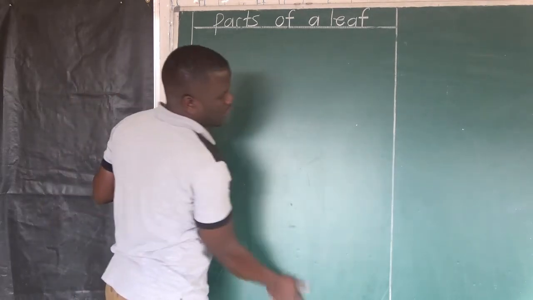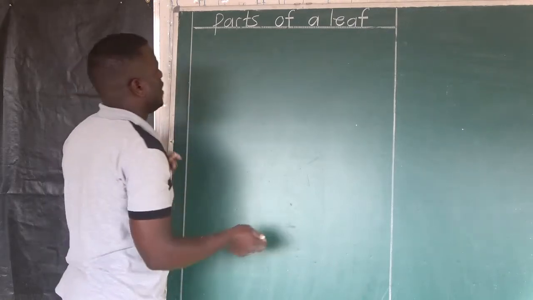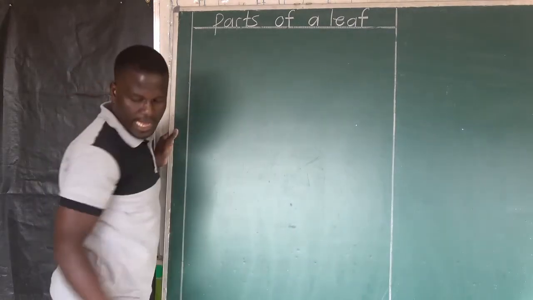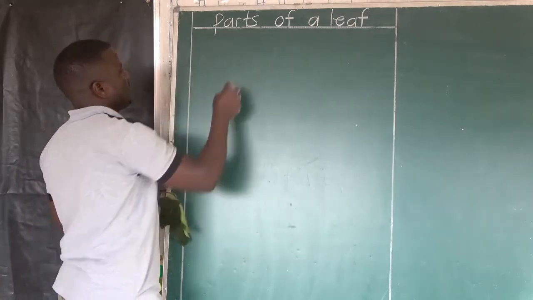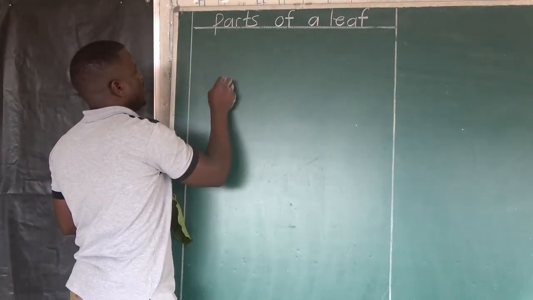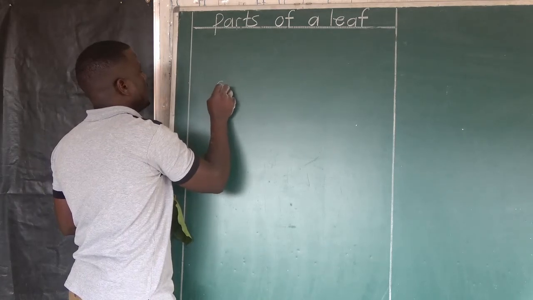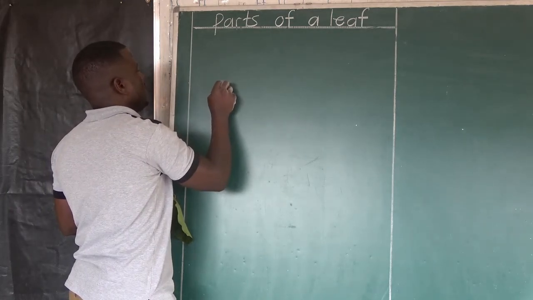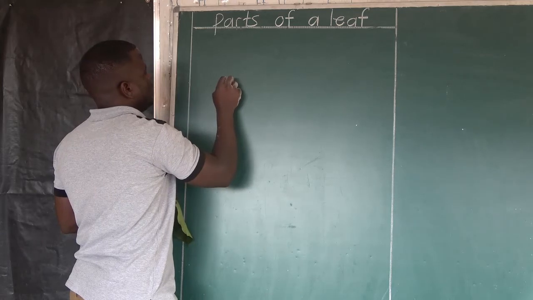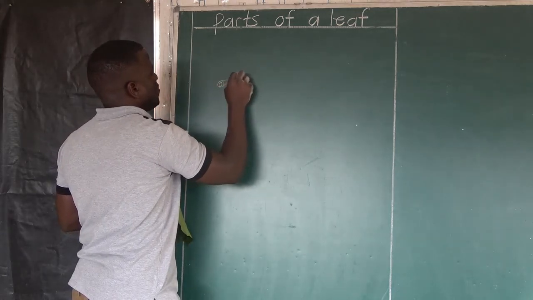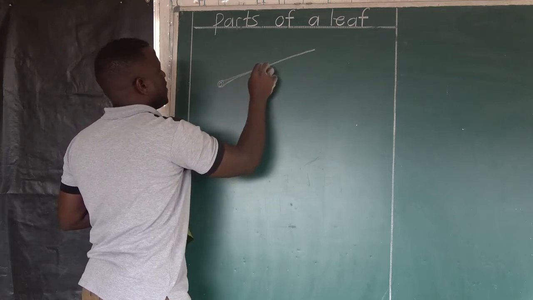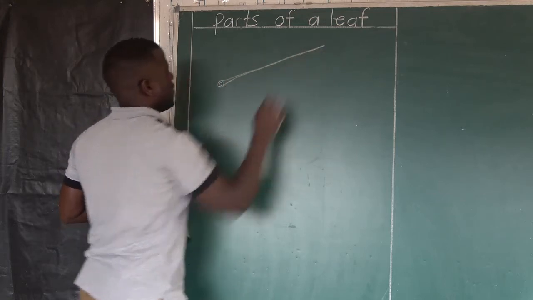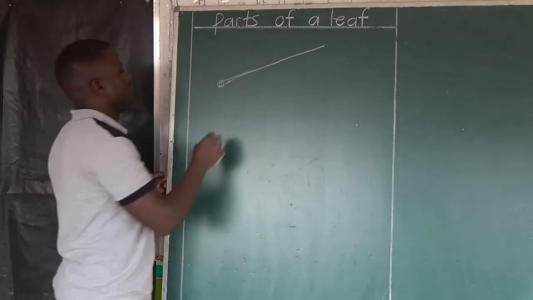Because you're at home, you can run outside and get a leaf also, like mine. This one is what we're going to look at today. Parts of a leaf. You're going to begin by learning how to draw a leaf. Drawing a leaf is very simple. You just need to have the techniques of learning how to draw a leaf.